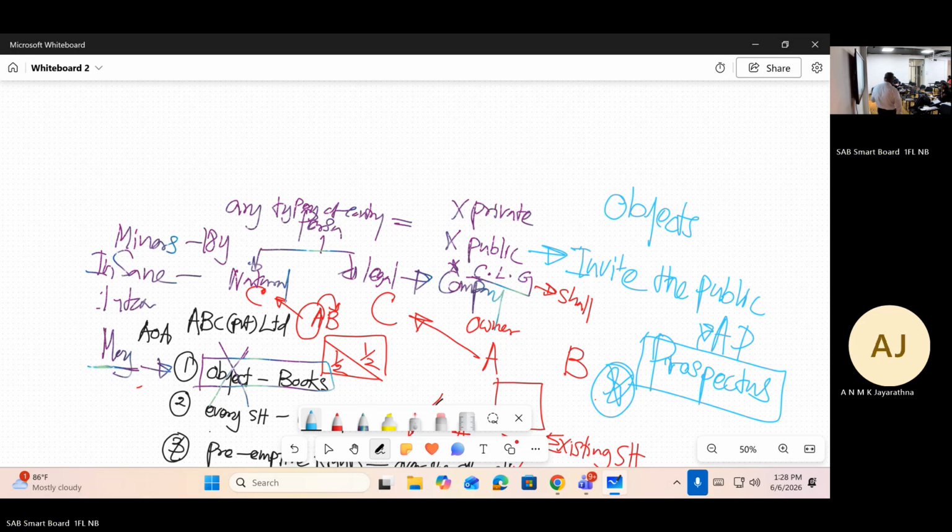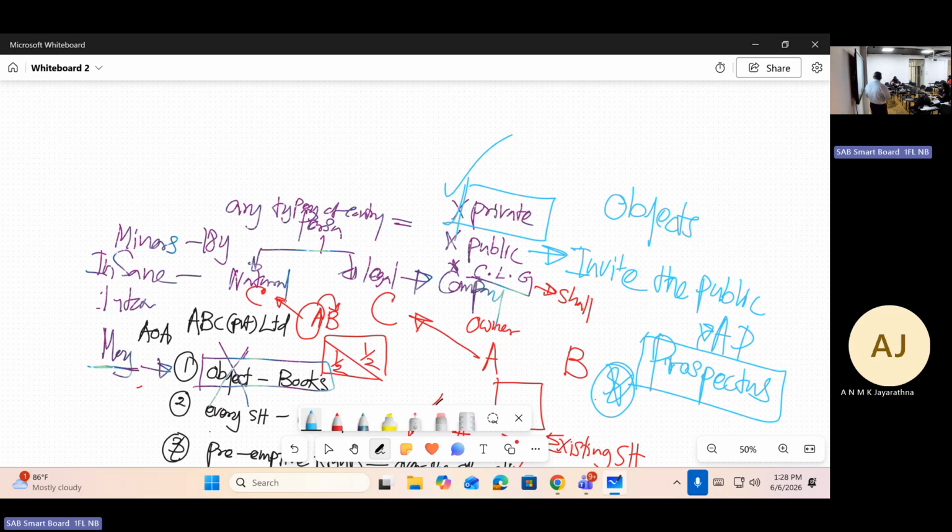Then, for a company limited by guarantee or a public company, indirectly they have to mention their objects. The rule that it may set out its objects is purely applicable to private companies. If it is a private company, they need not mention their objects in the articles.